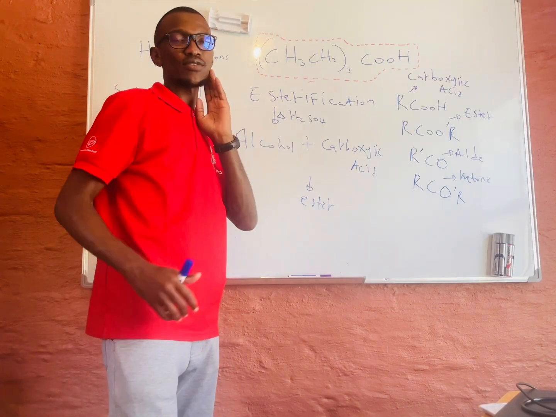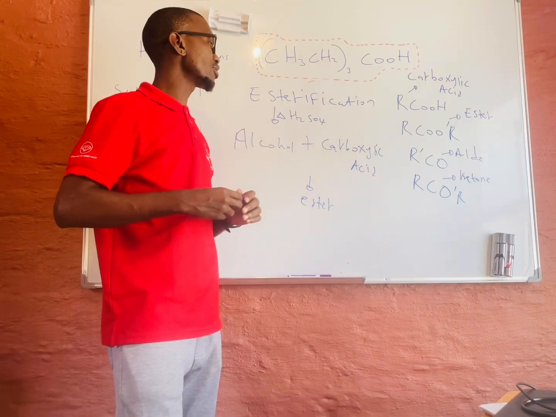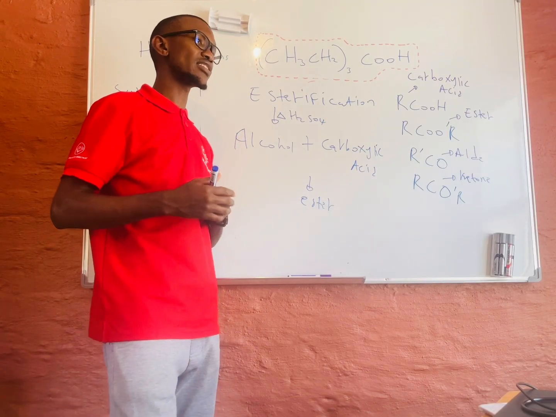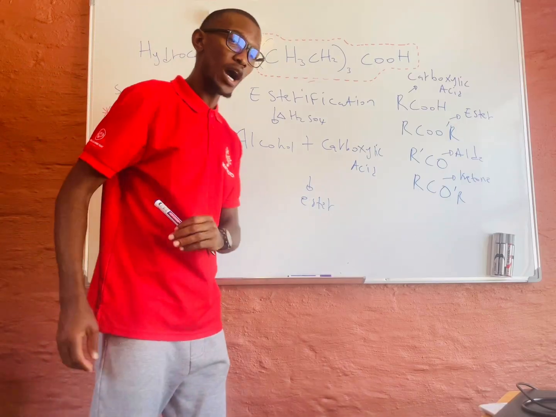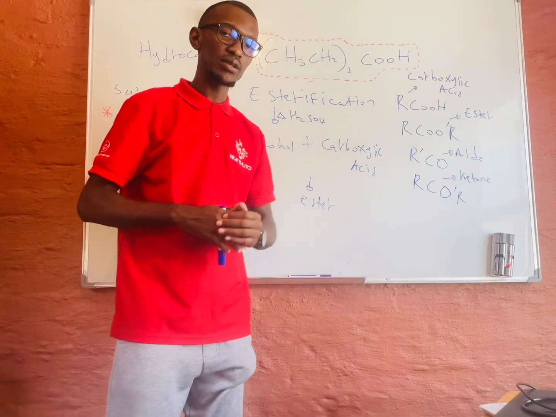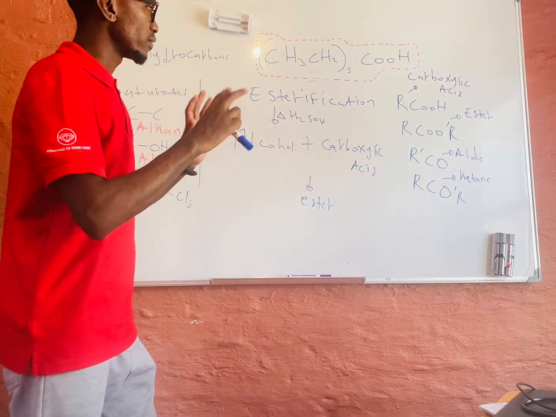That's what we call an esterification reaction, right? It is a reaction in which alcohol reacts with carboxylic acid in the presence of a catalyst, sulfuric acid, to form our ester as a product, and then water is removed from the reaction.